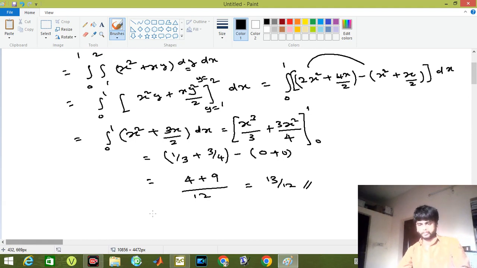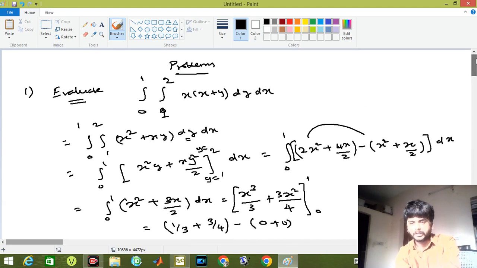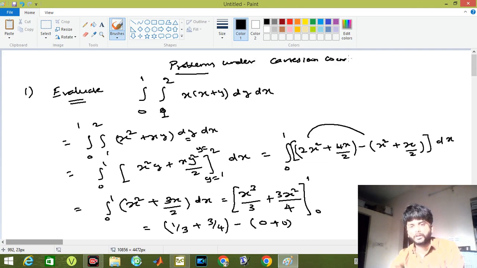Okay, now I am going to give you some more examples. These problems come under the type, you have to note it down, problems under Cartesian coordinates. Why?